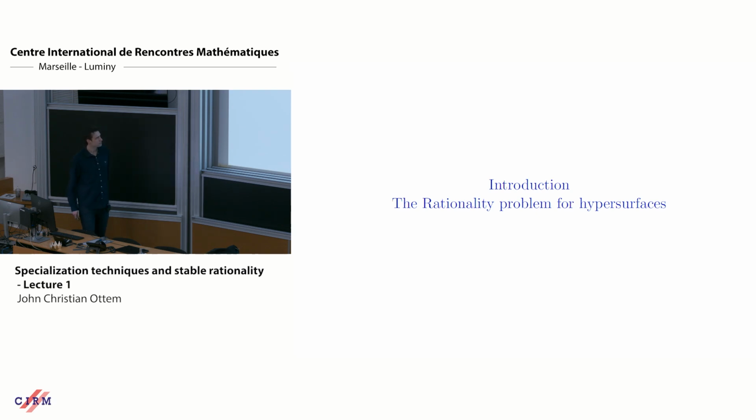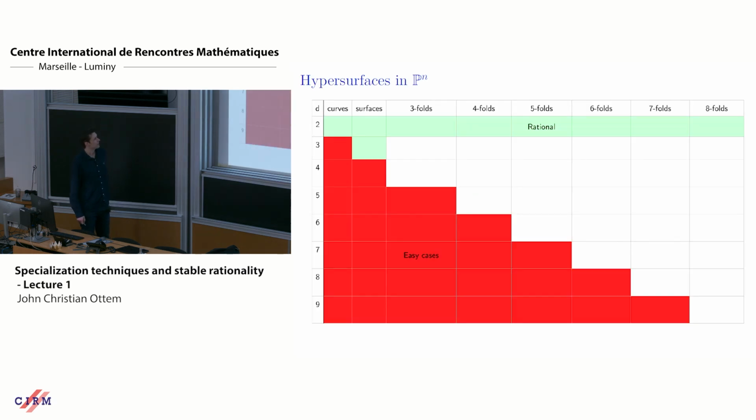Okay. Let me say a little bit more about hypersurfaces. There's a sort of chart we can plot. Here we have the dimensions up here, and then the degrees down.